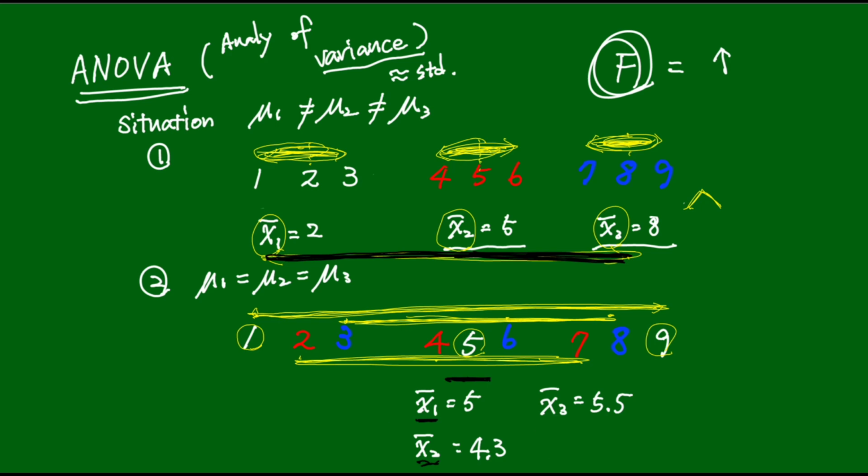In here we have the black bar, which represents the variance of the group sample mean.